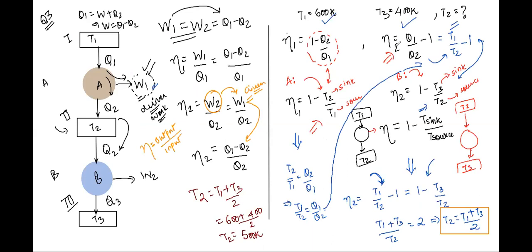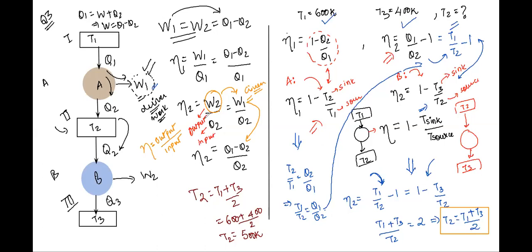For the second engine, it is output by input. W2 is the output, and Q2 is the input. This was the input, whereas this one was the output. Absolutely correct. W2 is Q2 minus Q3.